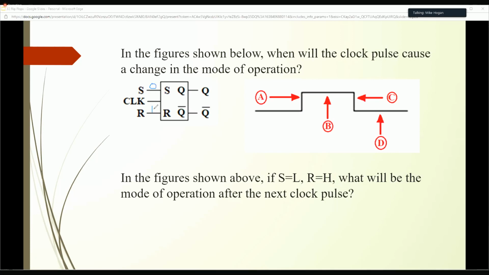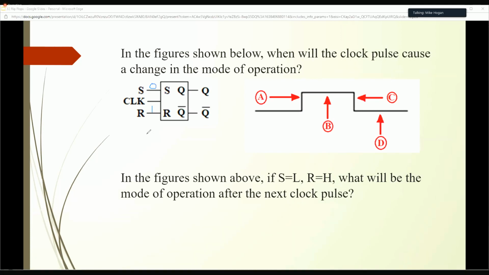Right? And then it's just a matter of saying, okay, now where do I have the appropriate input? If I'm looking for a 1 on S and I got a 0, well, it's not active. I'm looking for a 1 on R because there's no bubble, and I got a 1. So, okay, this one's active. So I'm looking to reset this RS flip-flop. And the question is, what will be the mode of operation after the next clock pulse?